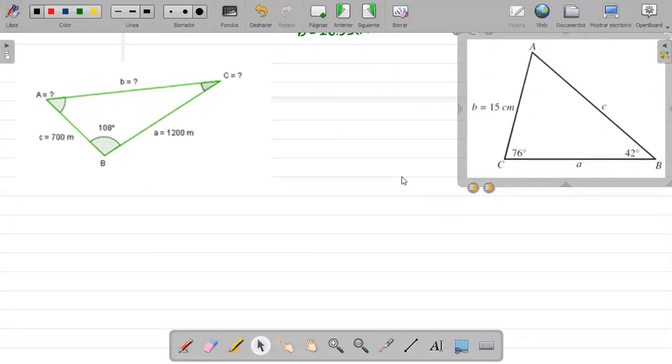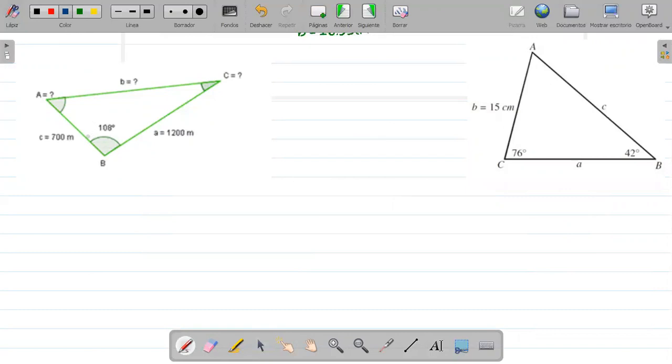There it is. I'm going to start with this one, analyzing the information that the problem is giving us. In this case, we have that angle. It's the only angle given. So it's one of the cases that contains just one angle, probably side angle side.